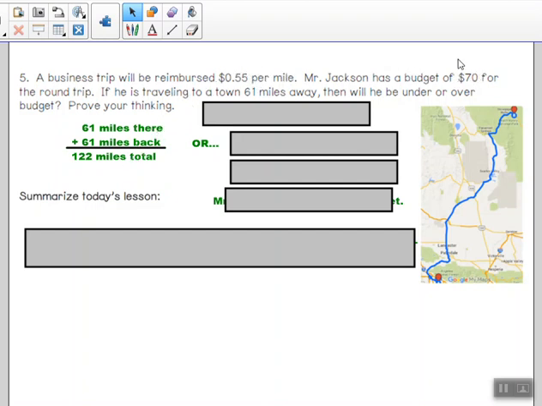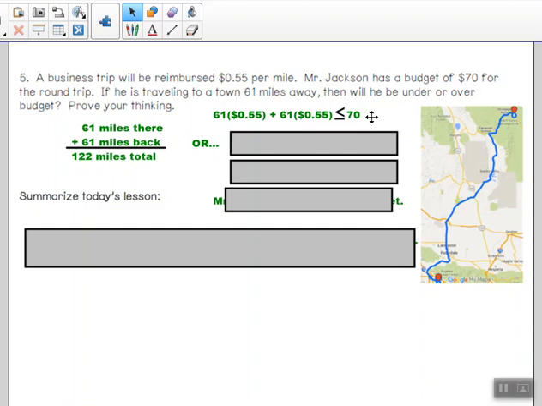We also know that he has a budget of $70 and he doesn't want to go over that budget. Let's look at what we could do here. We could think of this as 61 miles times 55 cents. That would be all the miles there plus all the miles back, and we want that less than or equal to 70.